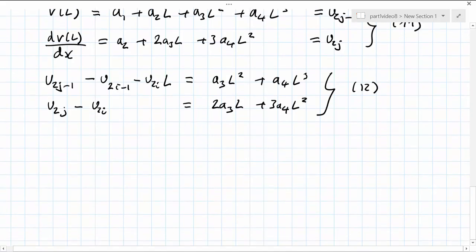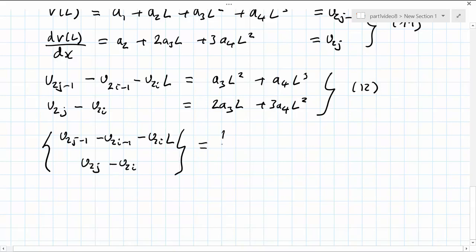We can then write this in matrix vector form so that we get u_2j−1 minus u_2i−1 minus u_2i times L, and u_2j minus u_2i, equal to the matrix [L², L³; 2L, 3L²] times the vector containing a3 and a4.